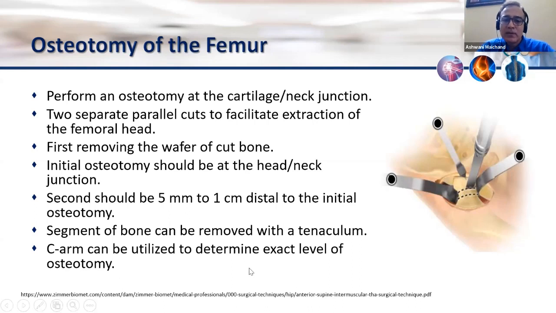C-arm, I don't think it's actually required for the osteotomy because you see everything in front of you. One more point that I would like to add is that there are certain patients, like ankylosing spondylitis patients, in which you find that the patient has not only flexion deformity but also external rotation deformity.